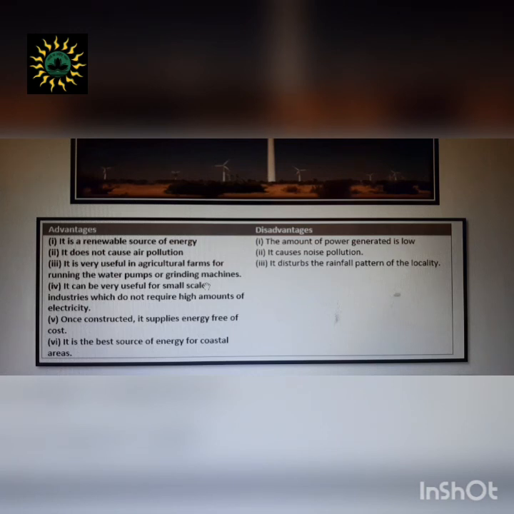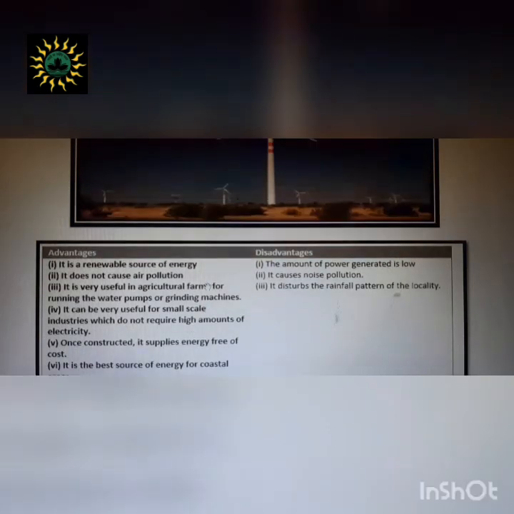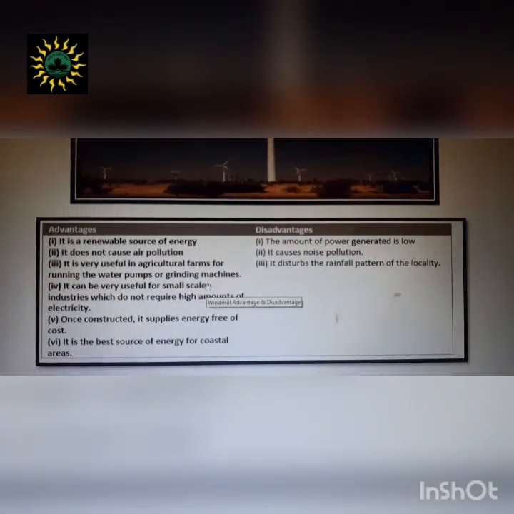Yes, and it also has disadvantages. Where you will install this windmill farm, there has to be a probability that during the whole year a sufficient amount of wind blows. If there is a lack of wind, it is a problem. Also, it is not enough that wind blows, it has to maintain a certain speed. We have seen that normally where the wind speed is 15 km/h, in that case we can install this windmill farm. So that particular speed is also important to provide a sustainable form of electrical energy. It also causes noise pollution, and it disturbs the rainfall pattern of the locality. These are the disadvantages.